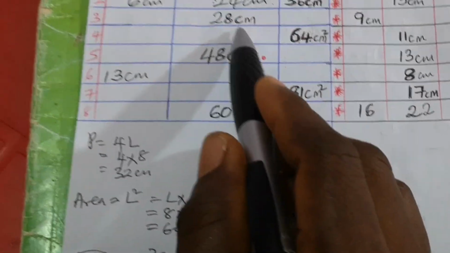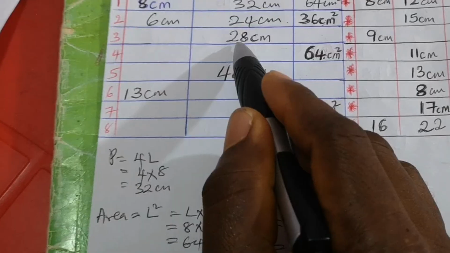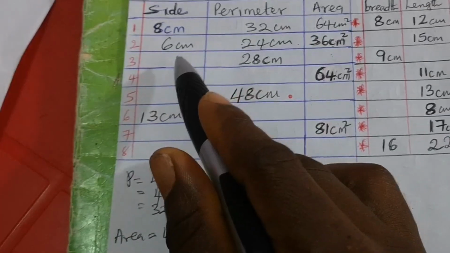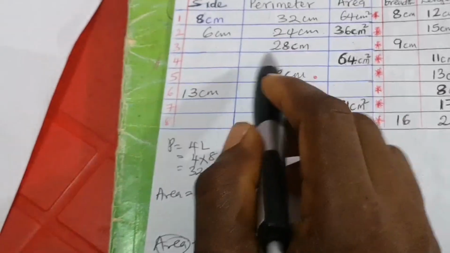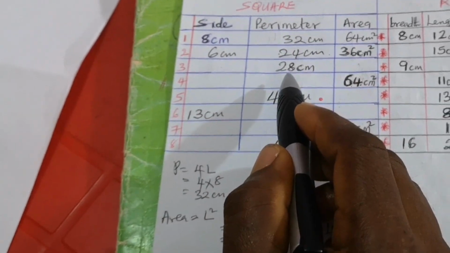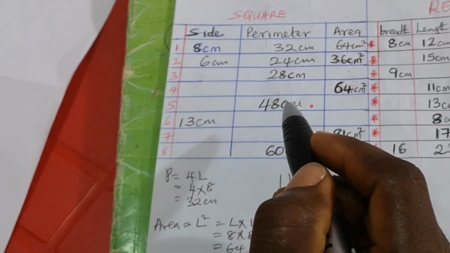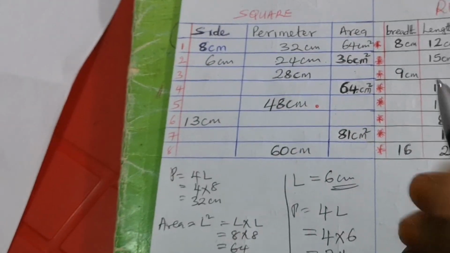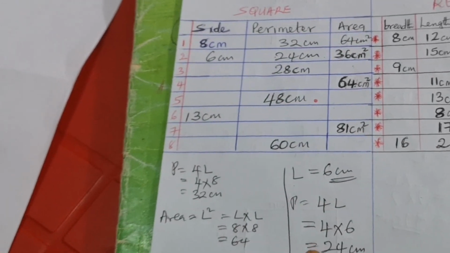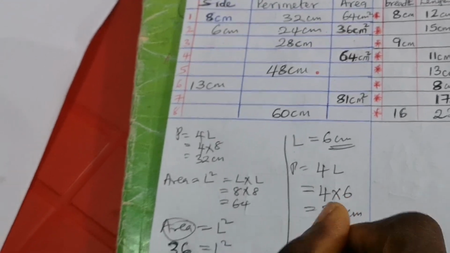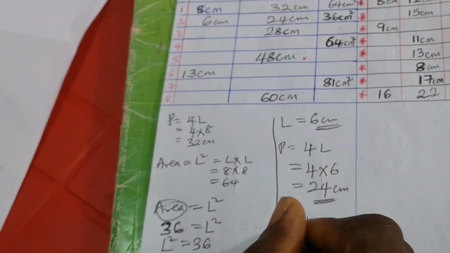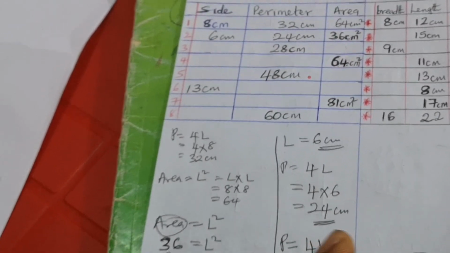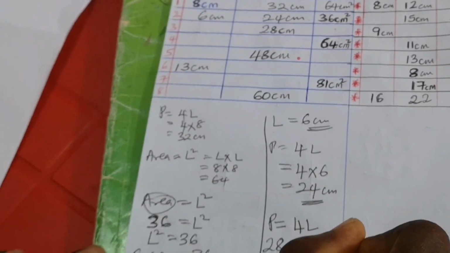Over here we have a square whose perimeter is 28 cm, and we are to find the area and the side. Since the perimeter is given to us, we use the formula for the perimeter of a square: P is equal to 4L. Now we have the perimeter to be 28, which is equal to 4L.